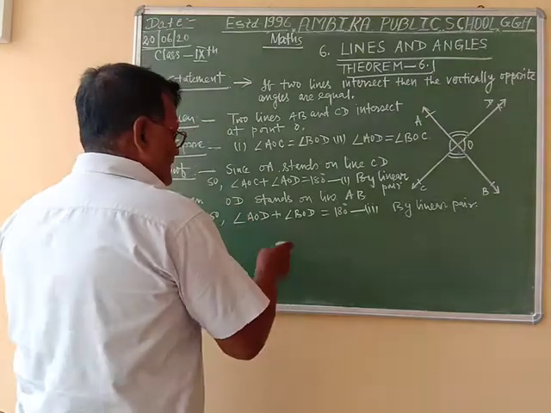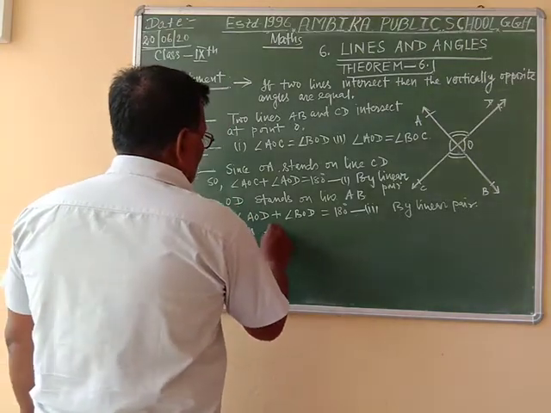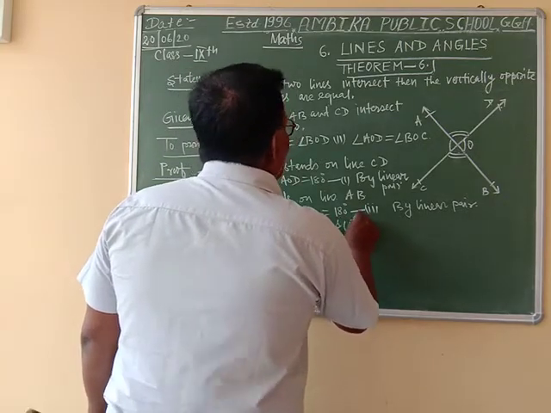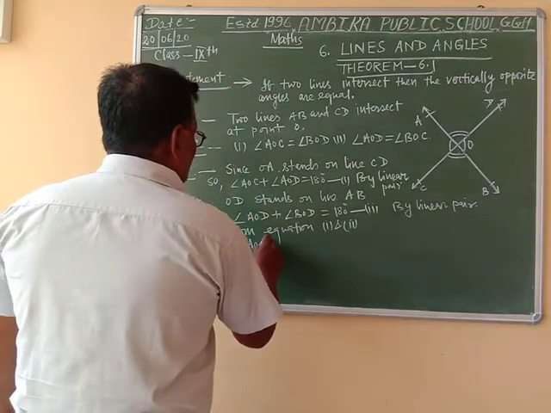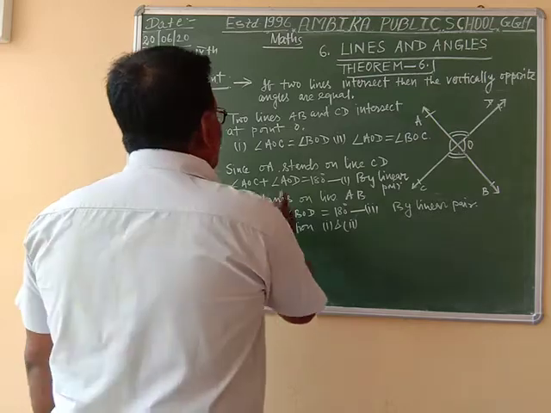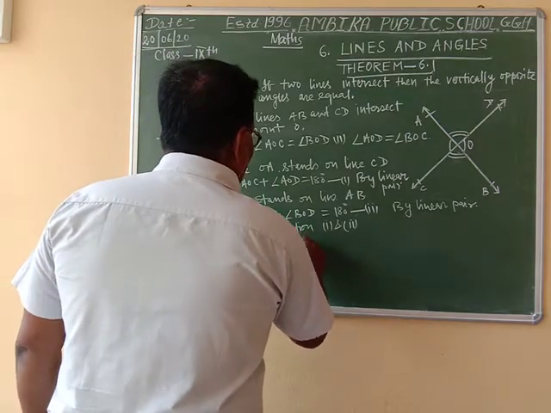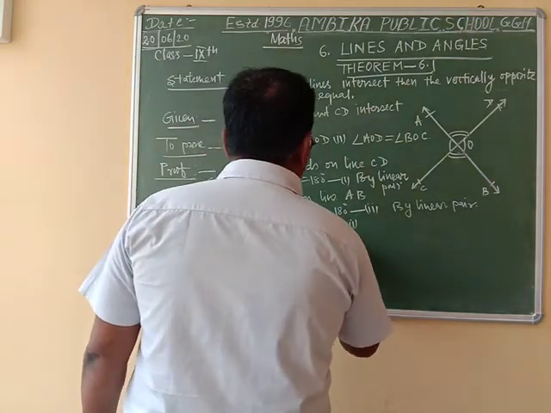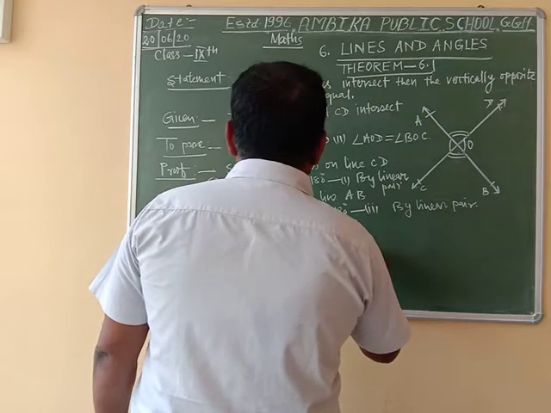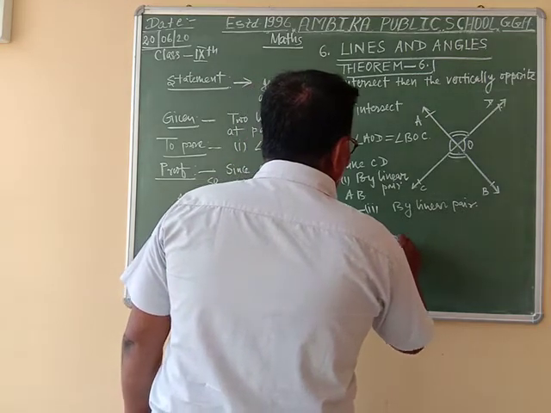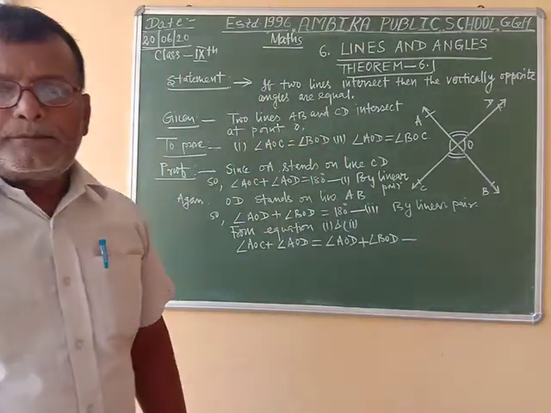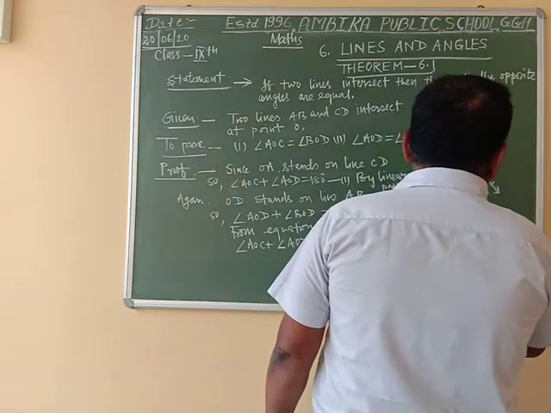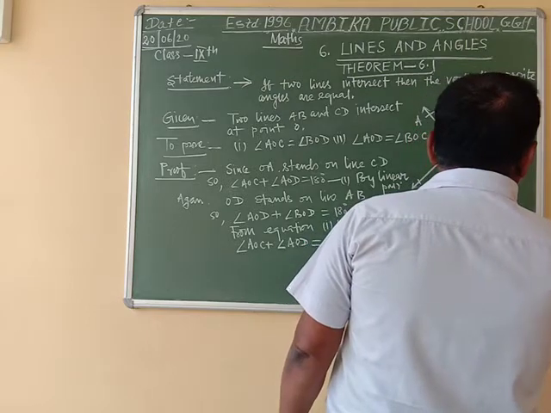From equation 1 and 2, angle AOC plus angle AOD is equal to angle AOD plus angle BOD, because each sum is equal to 180 degrees.